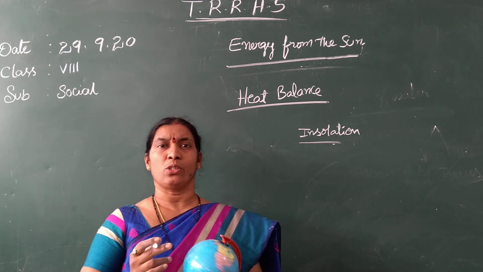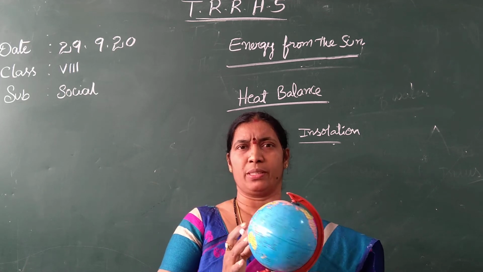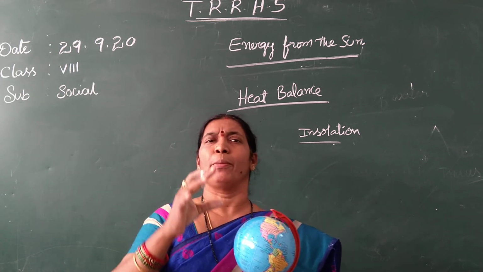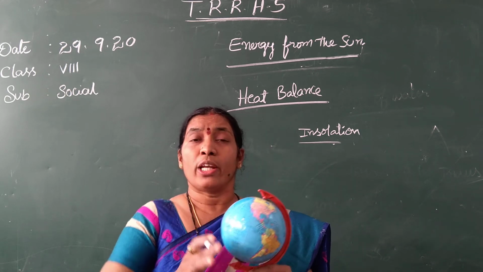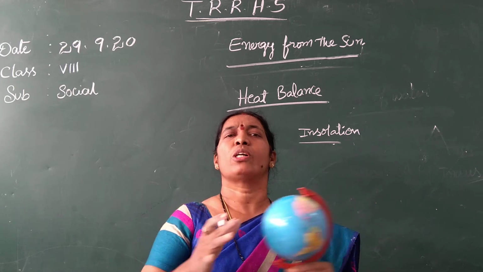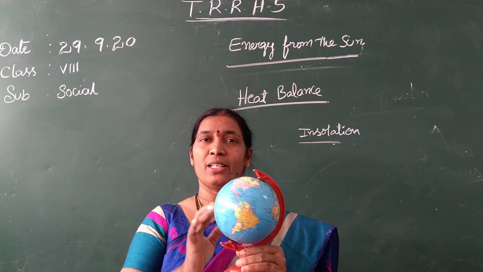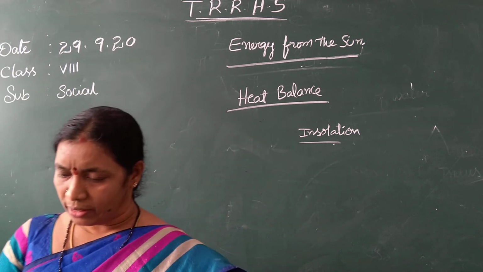Like that, many things are happening. And one more thing, the earth is curved in shape, isn't it? So whatever sun rays are coming onto the earth, they do not spread totally or evenly, because the earth is spherical, isn't it, children? So how is it balancing?